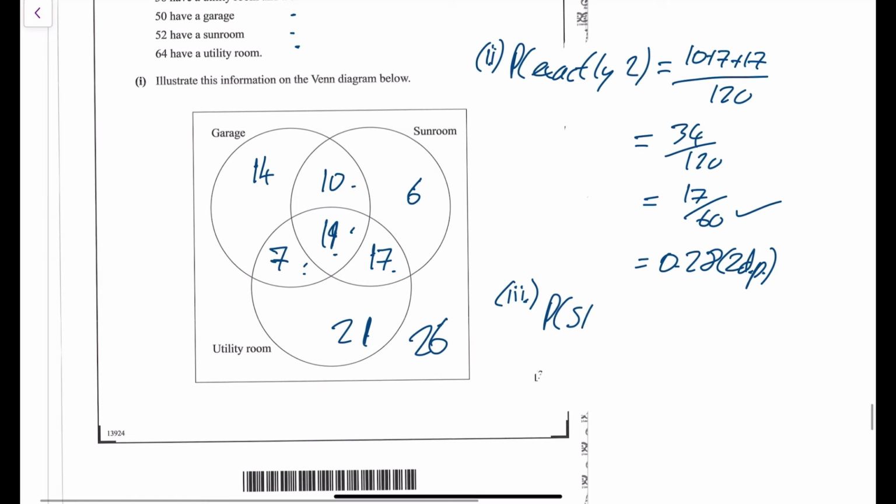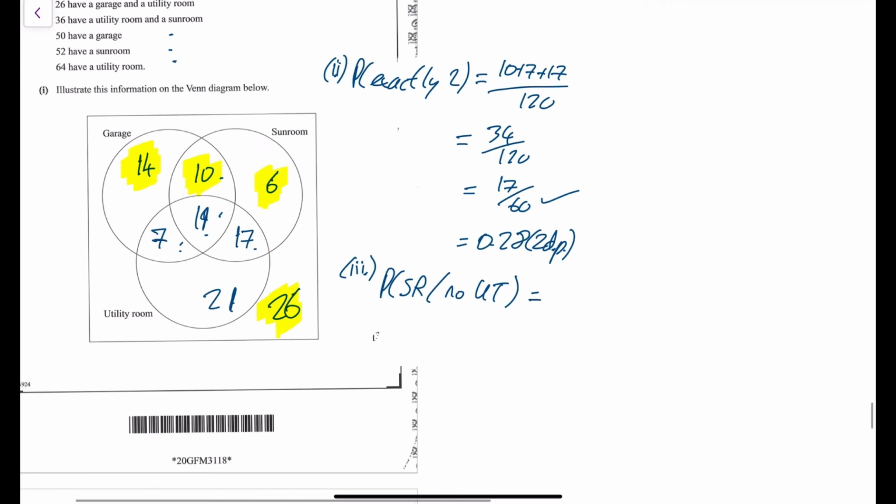So we want a sunroom given it has no utility room. So let's just look at the people who don't have a utility room, and I can see I've made a mistake in this. So no utility room would be this 26, which I had forgotten about if I'm looking at my answer here. It would also be these 14, these 10, and these 6. So that's the total people who don't have a utility room.